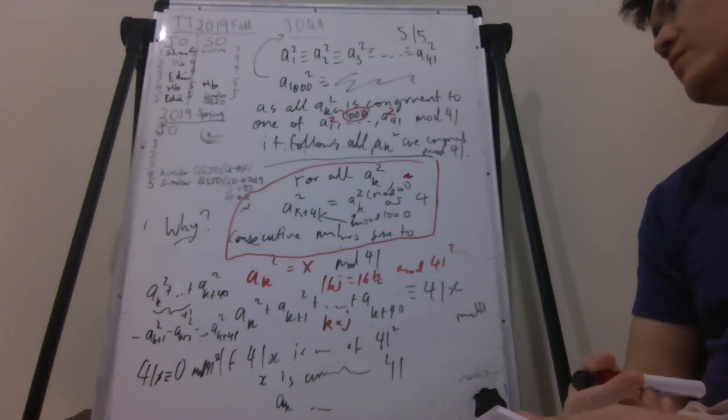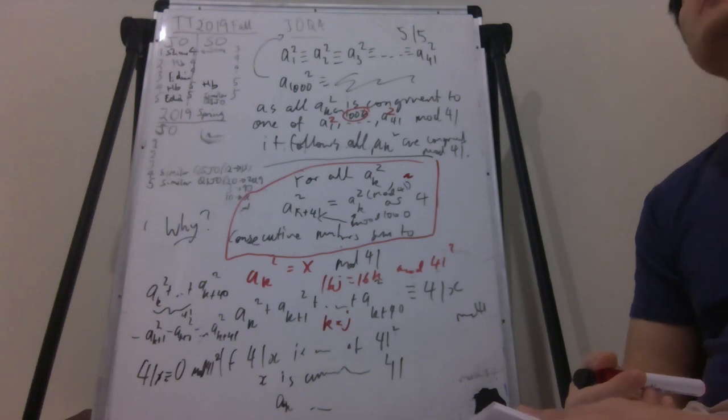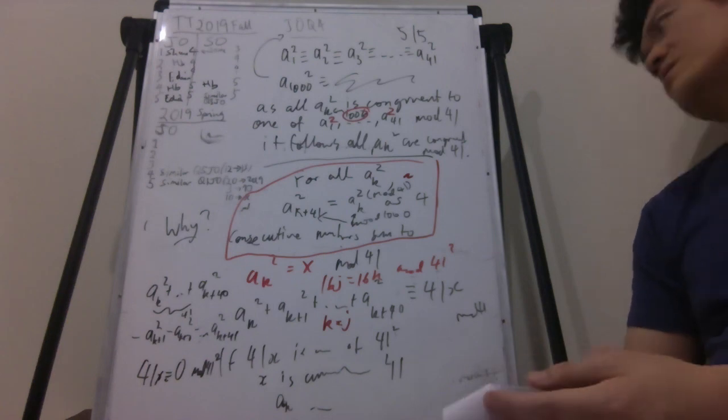Yeah, so it's saying 41x is a multiple of 41 squared, yeah? That means x is a multiple of 41, and 41 is prime, so that means a_k squared is a multiple of 41. Yeah.